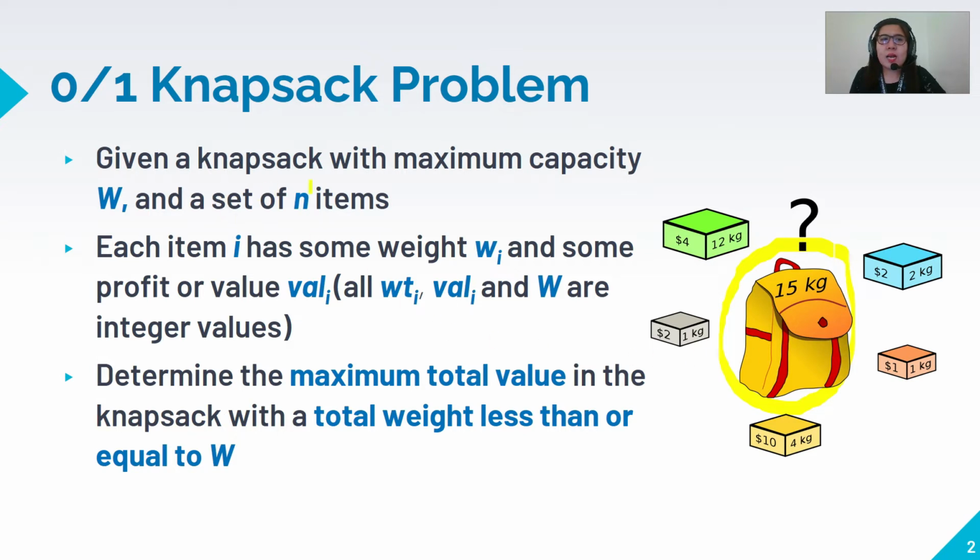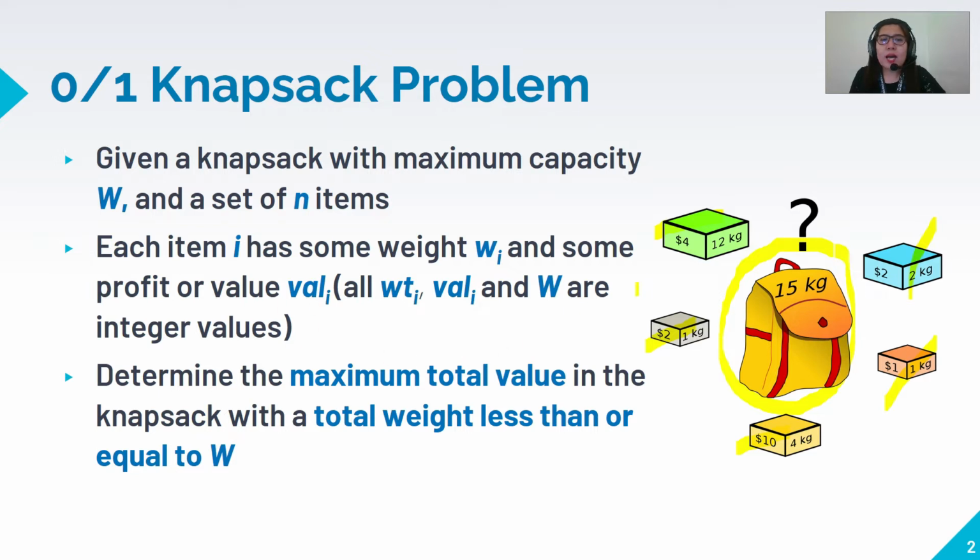So given a knapsack with maximum capacity W and a set of N items. When we say N items, these are the different items to be included in the knapsack. Each item I has its corresponding weight and some profit or value. So profit and value are the same.